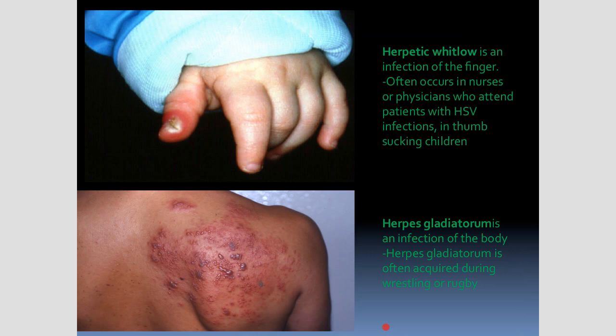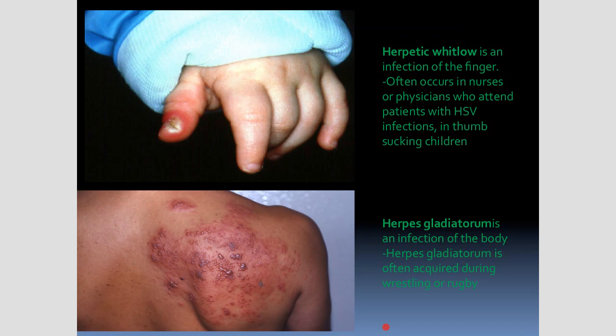So let me show you some of the CDC pictures. Herpetic whitlow is shown over here. Infection of the finger often occurs in nurses or physicians. I haven't come across any physician who did not have that. It's so common. There's nothing you can do because they have to touch. Suckling children as well.